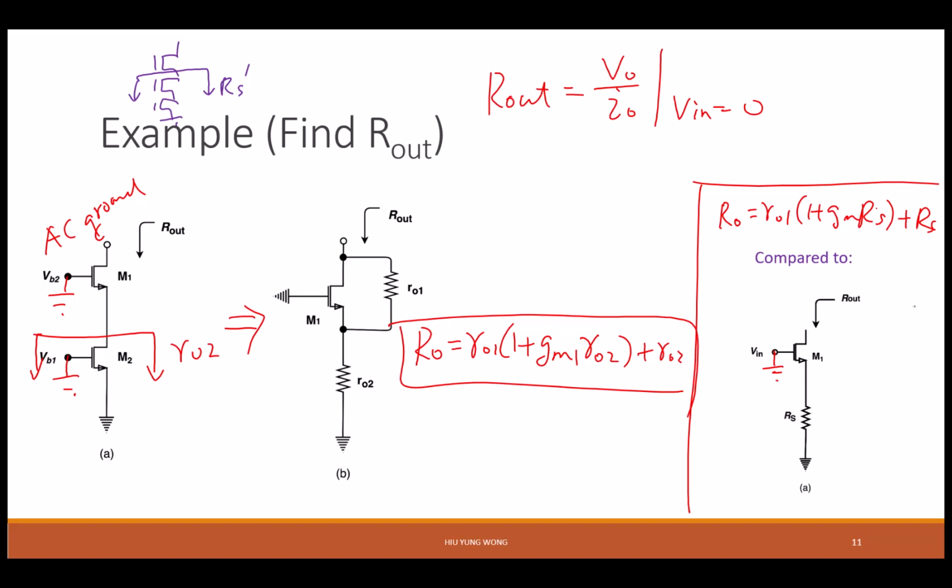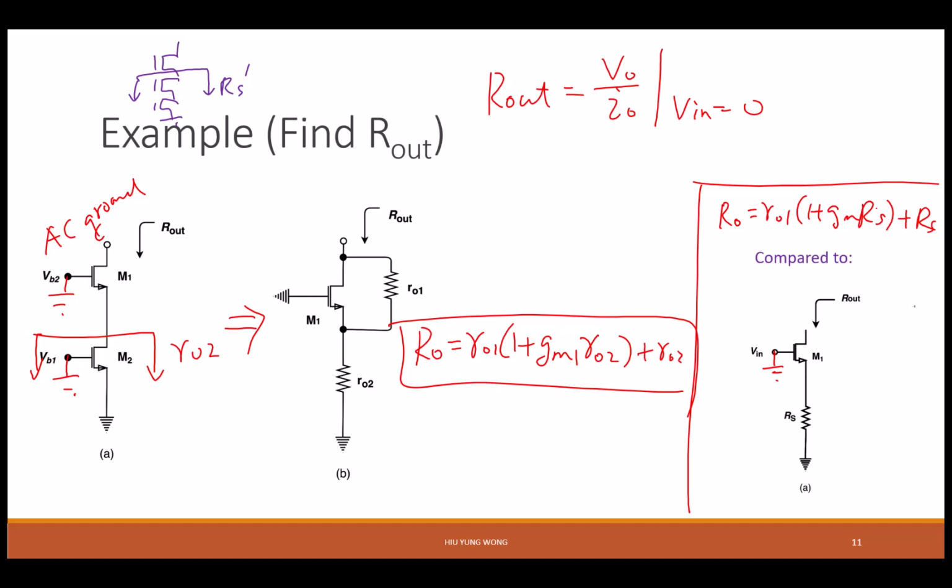Now you compare, this part is exactly the same as this part. This part is exactly the same as this part. So, without doing any math, I now know that the R out equals R01 times 1 plus gm1 Rs, because the gm here is the gm of the transistor on top of the resistor.